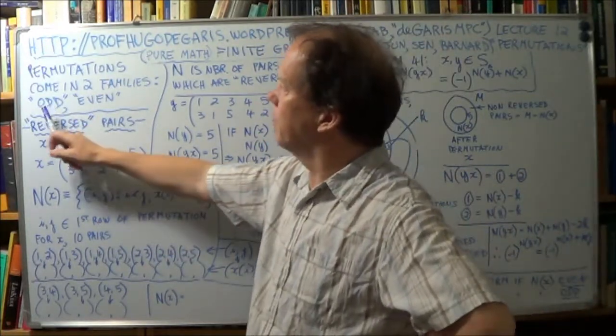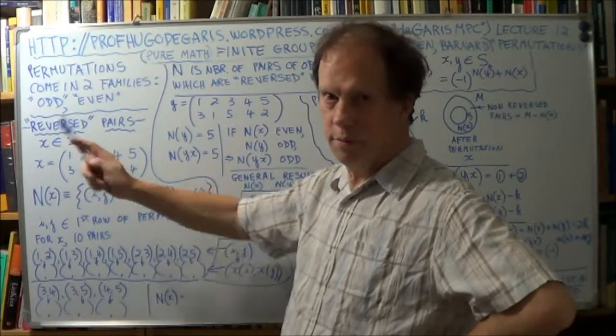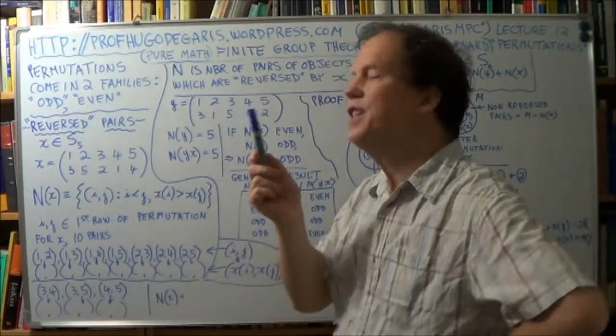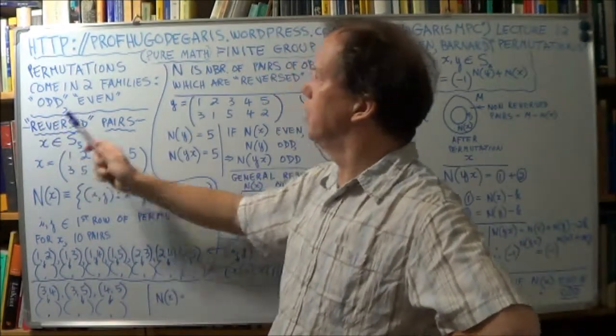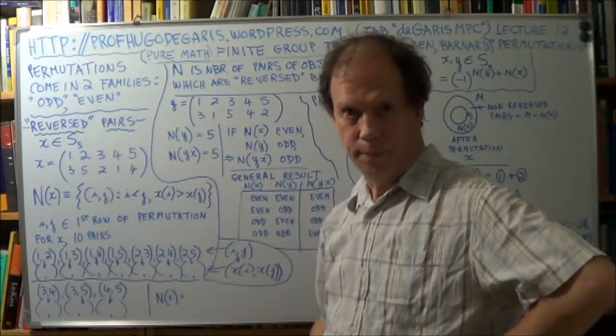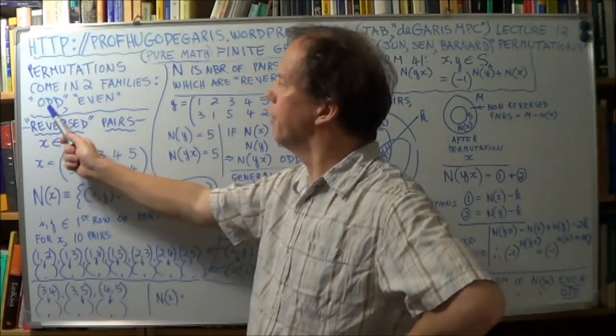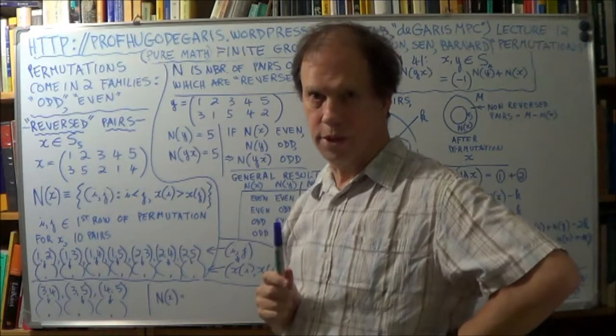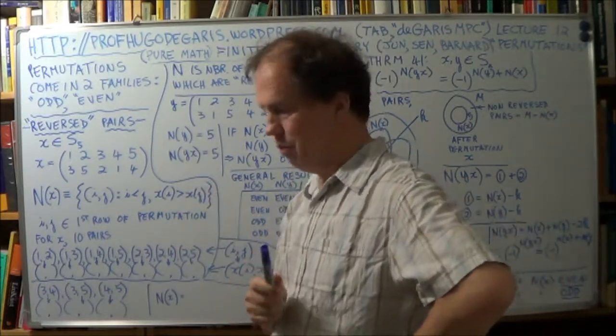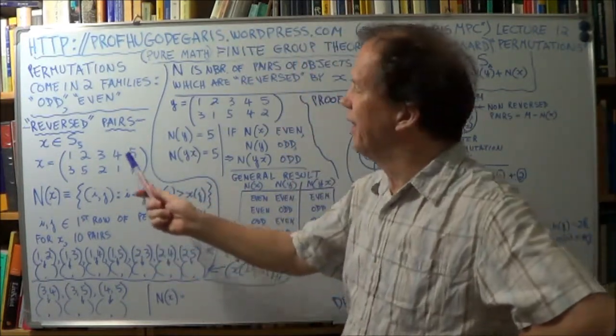One family is known as odd, so a permutation, a member of the permutation group, is either odd or even. And there are an equal number of odd permutations as there are even permutations, although I'll talk a bit about that quite a bit later.